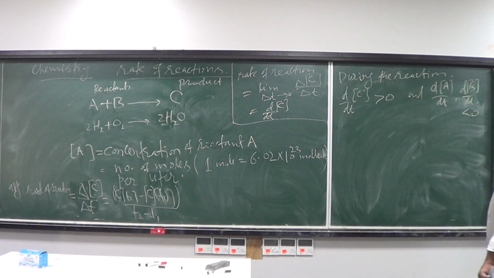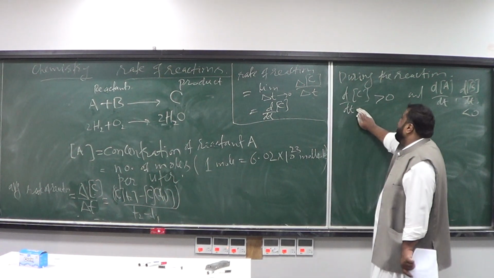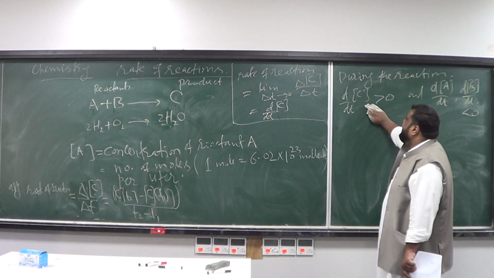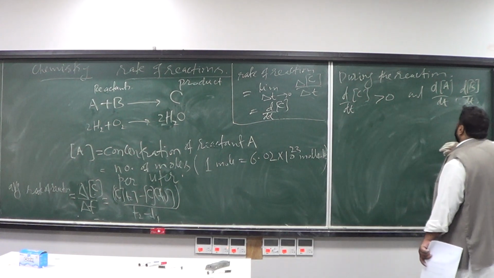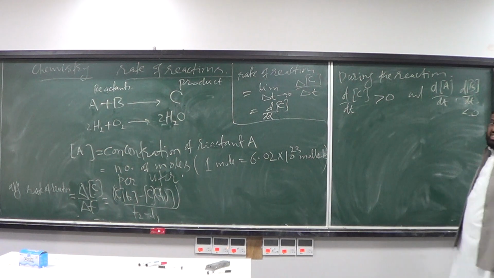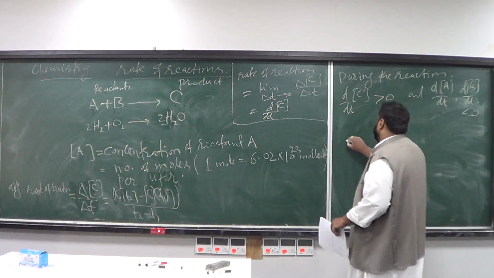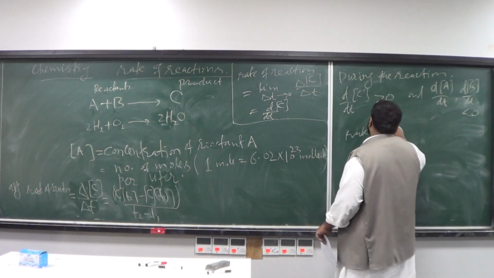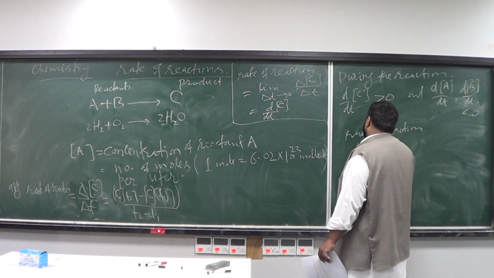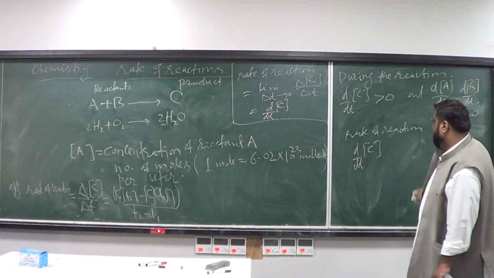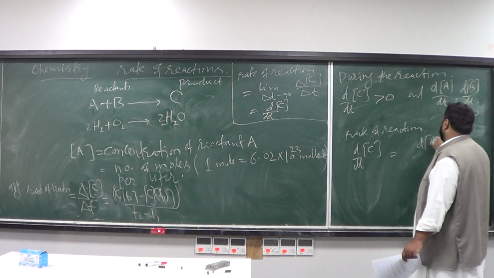Okay. Now the question is how they are related. In other words, the rate at which the concentration of C is increasing, how is that rate related with these two rates? So the rate of reaction is going to be dC by dt, and obviously these rates of reaction are going to be equal.